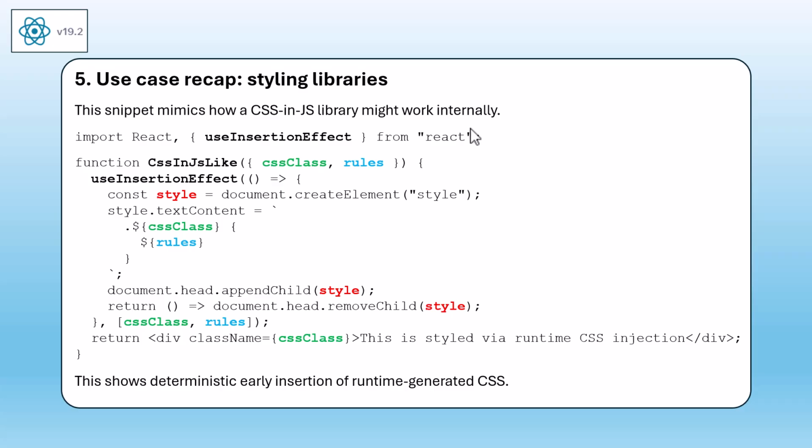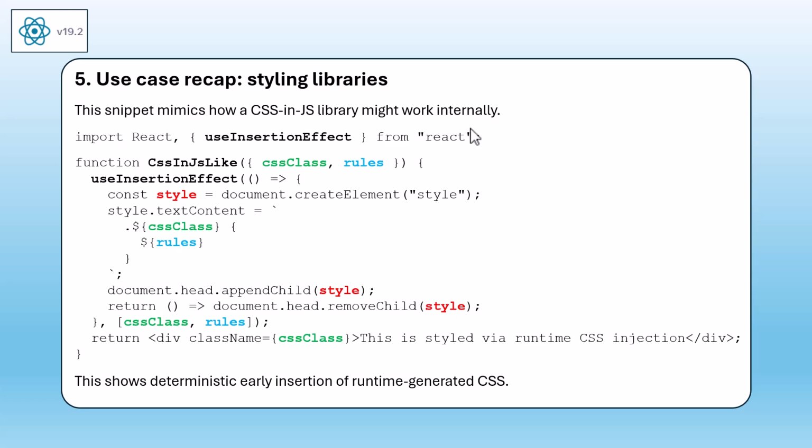5. Use case recap: styling libraries. Let's recap the most typical use case. Suppose you are building a CSS-in-JS library, or similar runtime style injection mechanism. You have some JavaScript rule or style object that needs to be turned into a style tag and injected into the document head before other layout effects run.